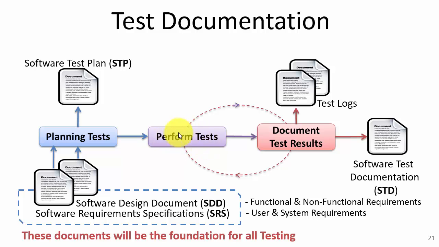And then we start performing the tests, and then we document the test results and report the bugs in a bug reporting and tracking system. This goes into a loop until the software is finally developed and all important bugs are found.